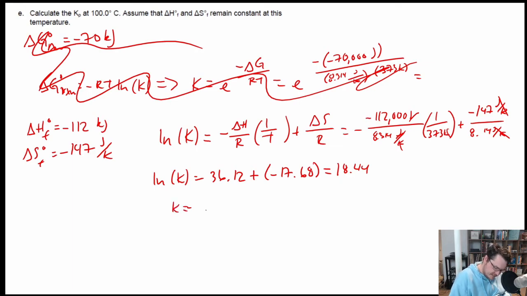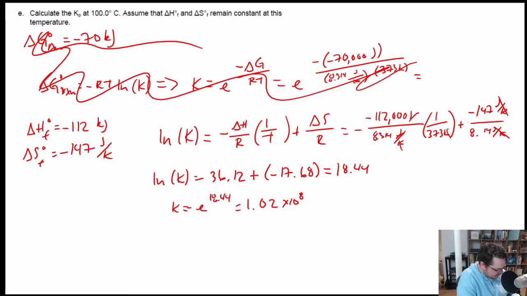So then K is equal to e to the power of 18.44, which is 1.02 times 10 to the 8th, which is what I have right there.